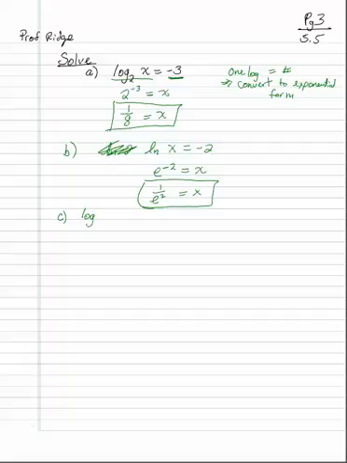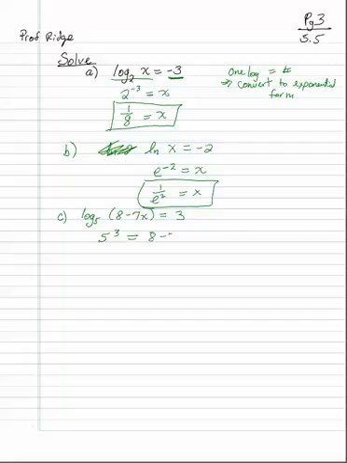Okay, now let's look at log base 5 of 8 minus 7x equals 3. So again, it's 1 log equals a number. So we start with the base, which is 5. Log equals an exponent. 3 is the exponent.